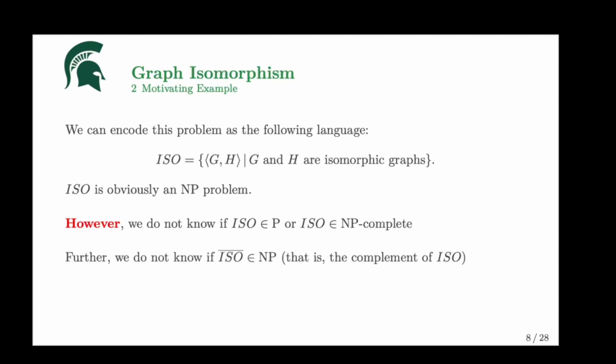Also, the complement of the graph isomorphism problem is not known to be in NP because we don't know how to provide short certificates that graphs aren't isomorphic. Nonetheless, for any two non-isomorphic graphs G and H, a prover can convince a verifier that no isomorphism exists, as we show next.